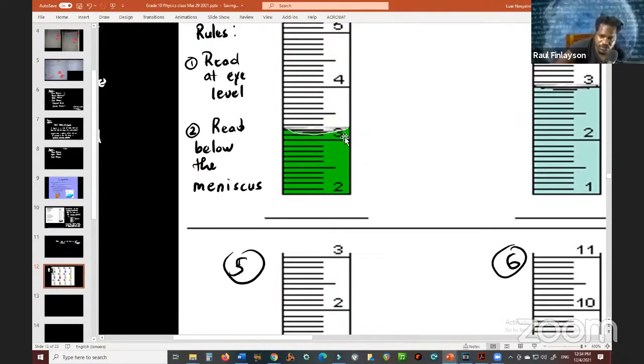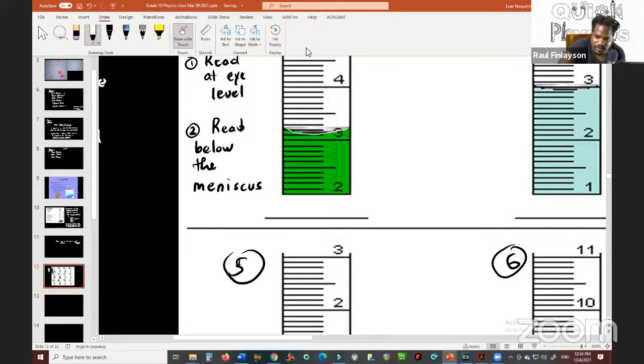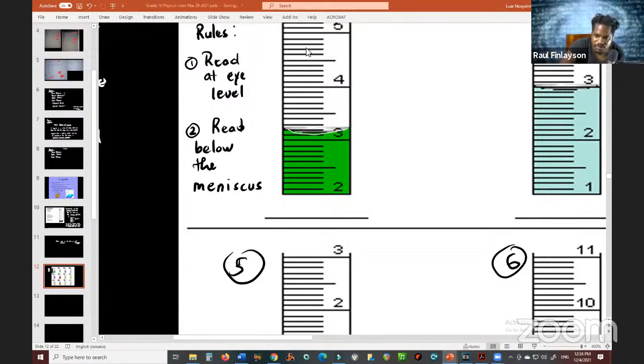All right, so now this one, each one of these, as you can see, is not gonna be 1, it's gonna be something. Well, let's see what happens. This line here is 2, then there's another line after 2. Let's count the number of lines between 2 and 3 and see how many there are. All right, so this would be 1, and this would be 2.